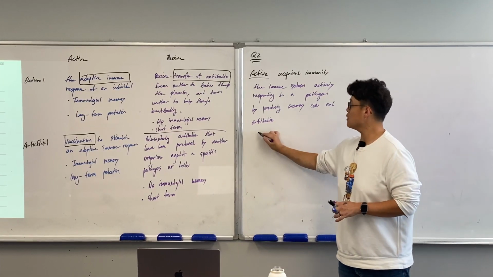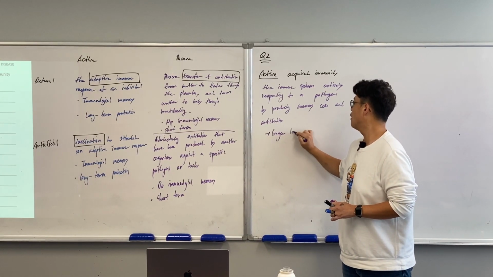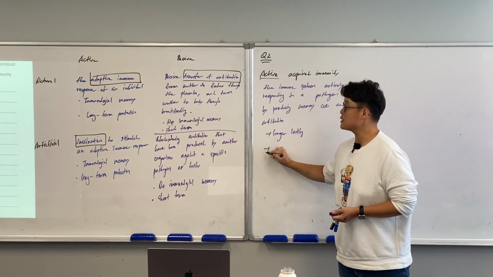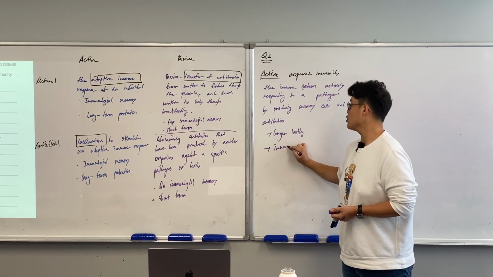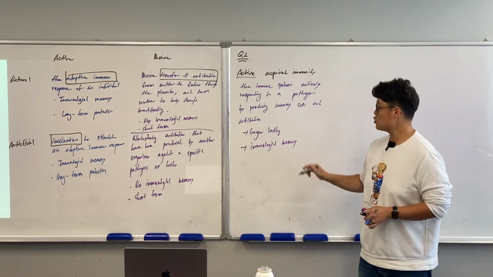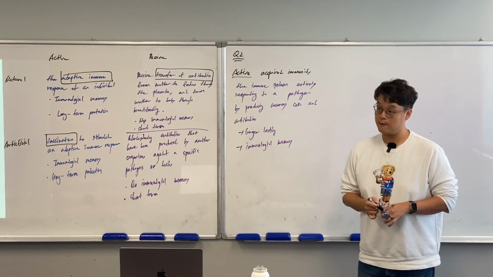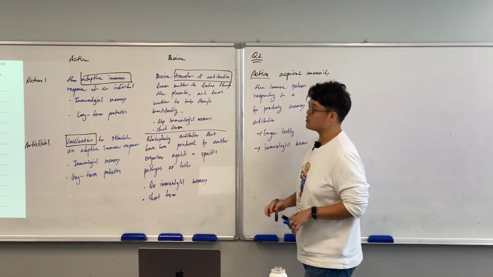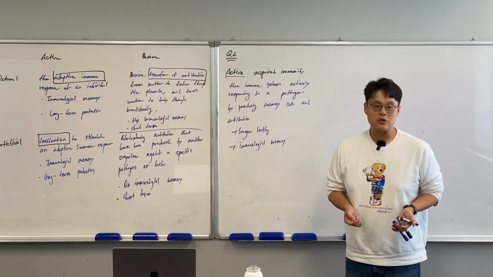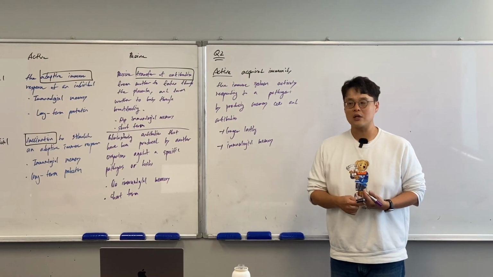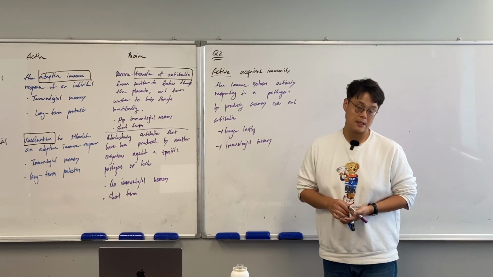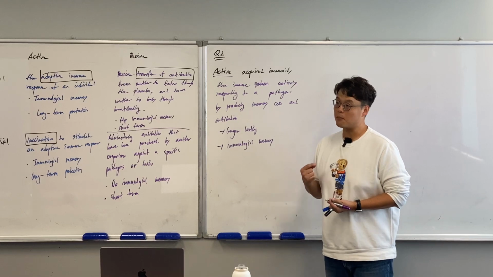As we know, this is longer lasting, and it has immunological memory. This can be natural or artificial. Natural means you get sick, and when you get a second infection you don't get the same sickness. Or you use vaccination to induce the same sort of response, to leave that memory of B and T cells.